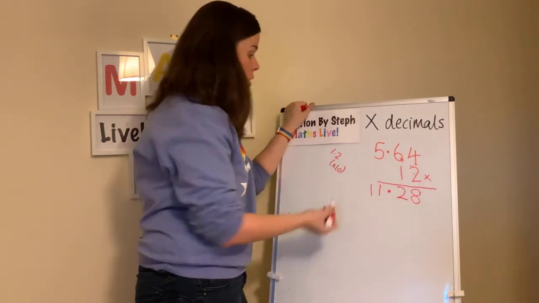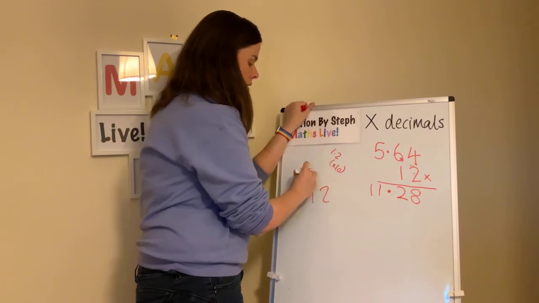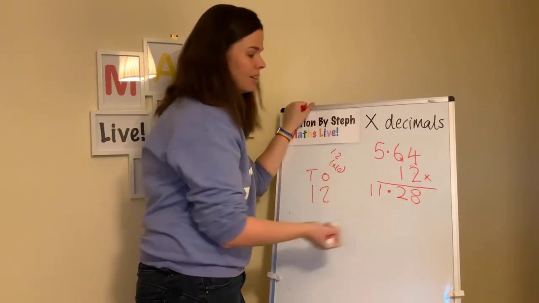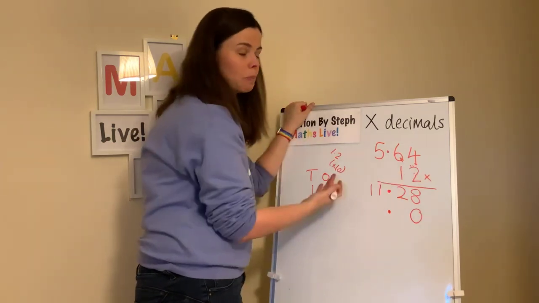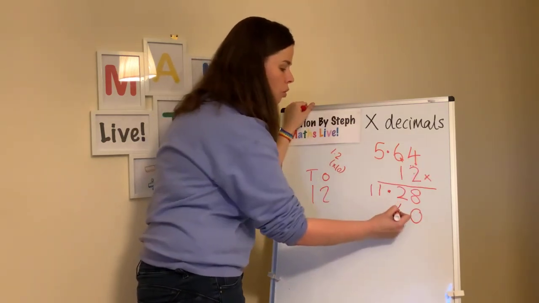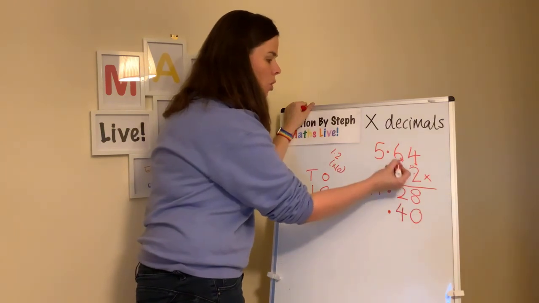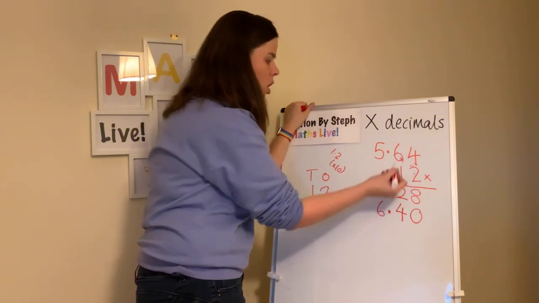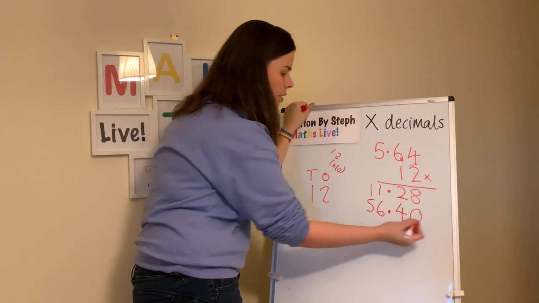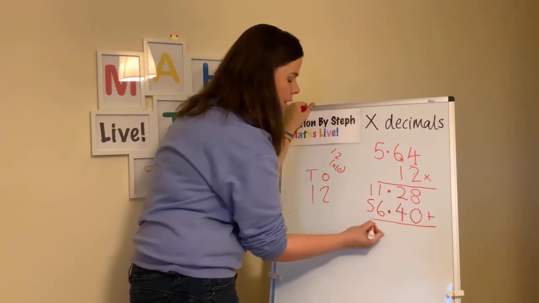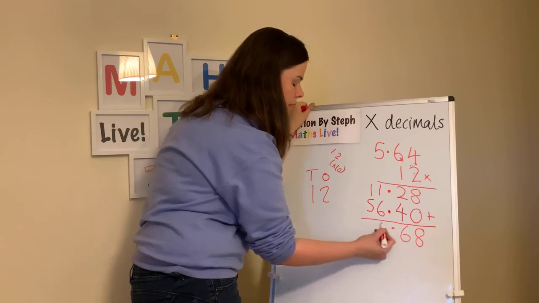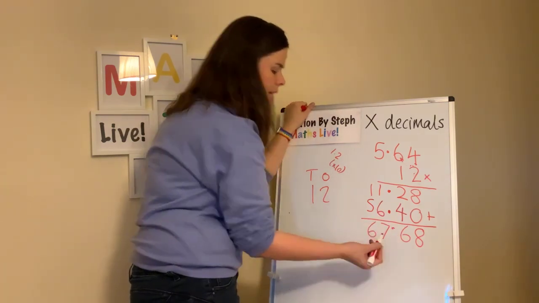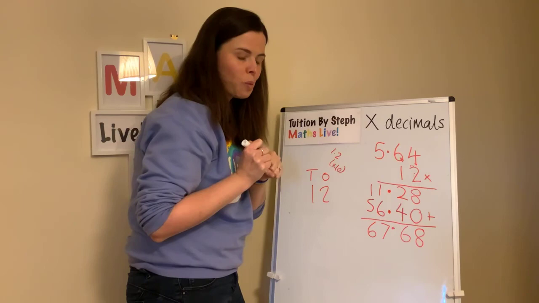It's not 1. 10s, 1s, it's 10. So you put a 0, because we need to bump it along. 1 times 4 is 4. 1 times 6 is 6. 1 times 5 is 5. Add them together. 8, 6, 7, 6. Have we finished?